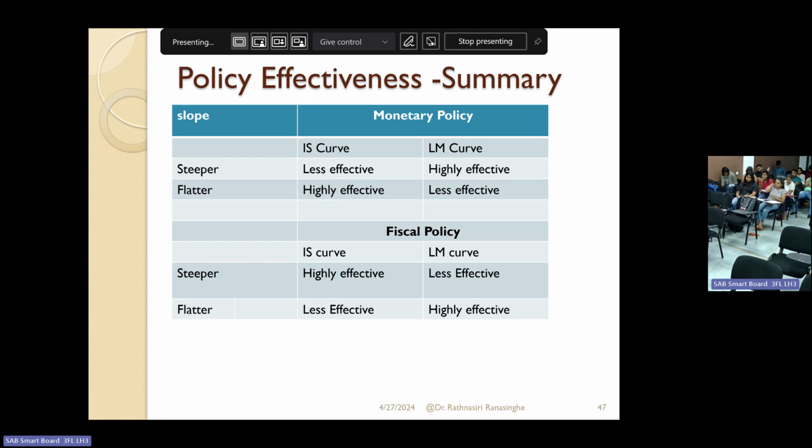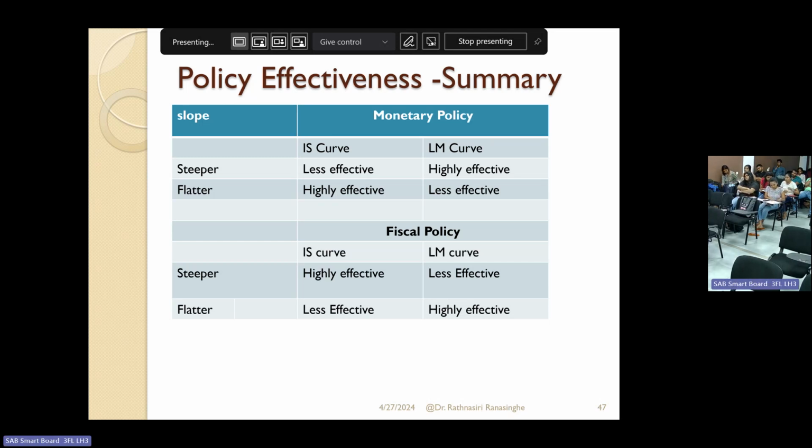Under what circumstances are these policies effective? In the first case, we took the monetary policy and the slope of the IS curve. We concluded that if there is a high interest elasticity of investment, I1 high, monetary policy is effective. Then next one, we take the monetary policy and the slope of the LM curve.